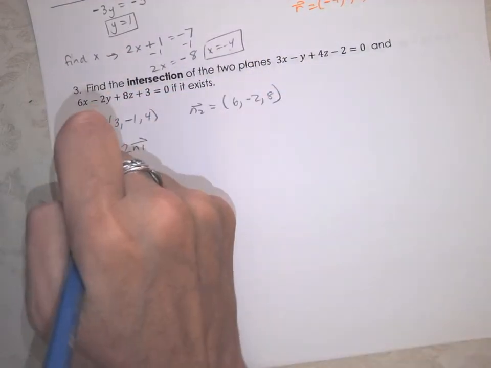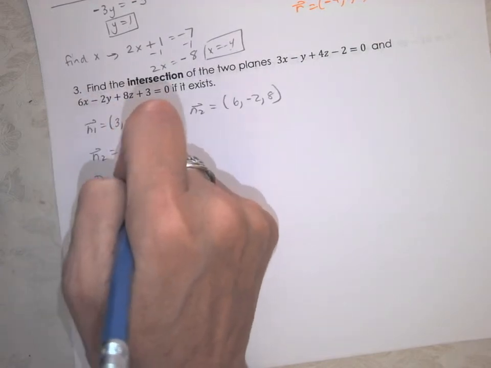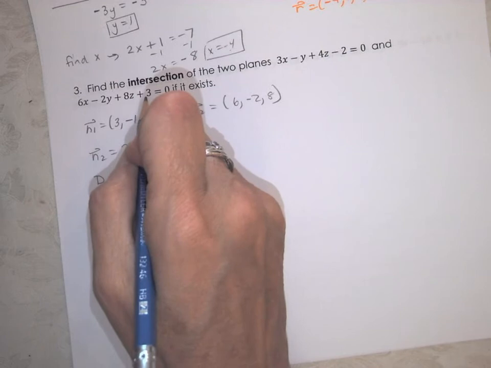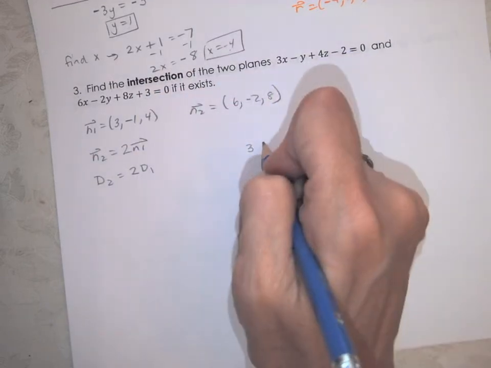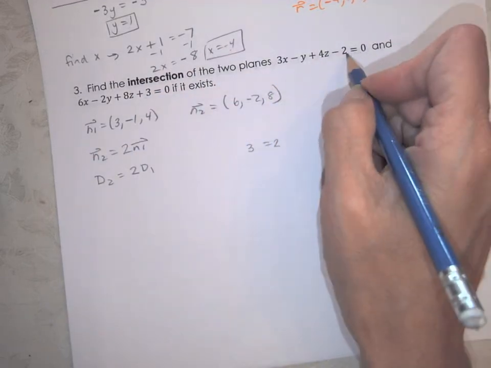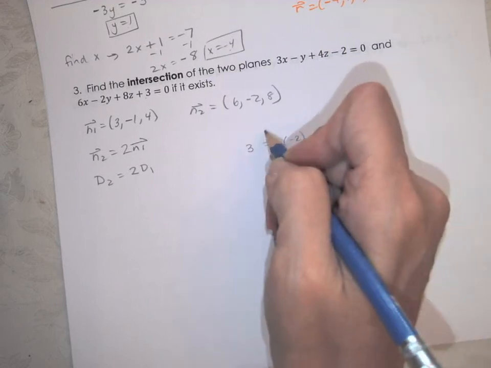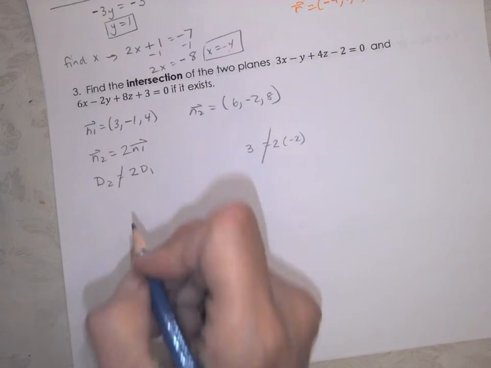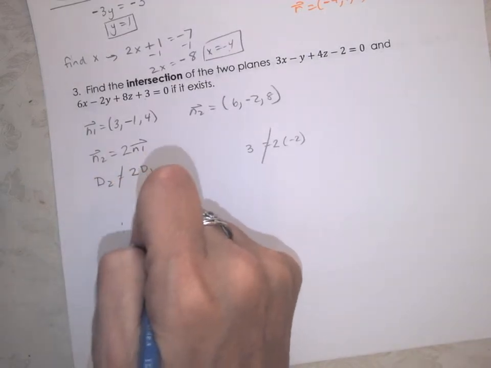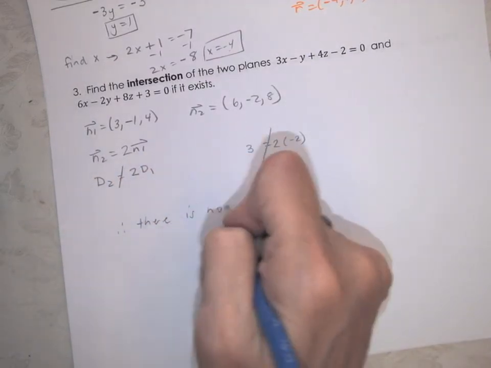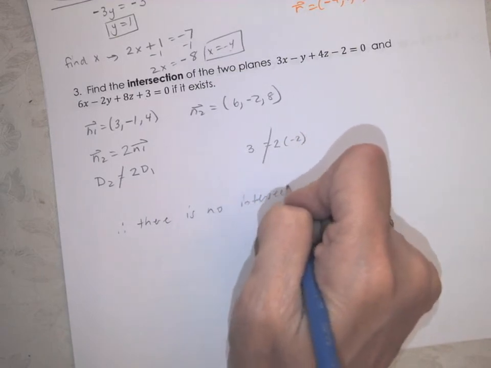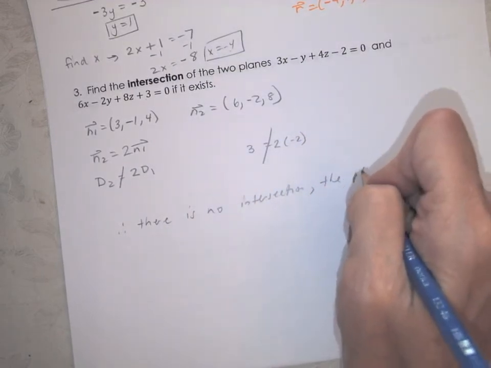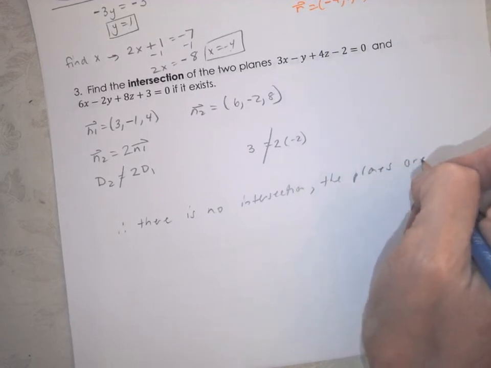So now I test: is d2 equal to 2d1? d2 is 3. Is 3 equal to 2 times -2? No, that's not true. Therefore, there is no intersection. The planes are parallel and distinct.